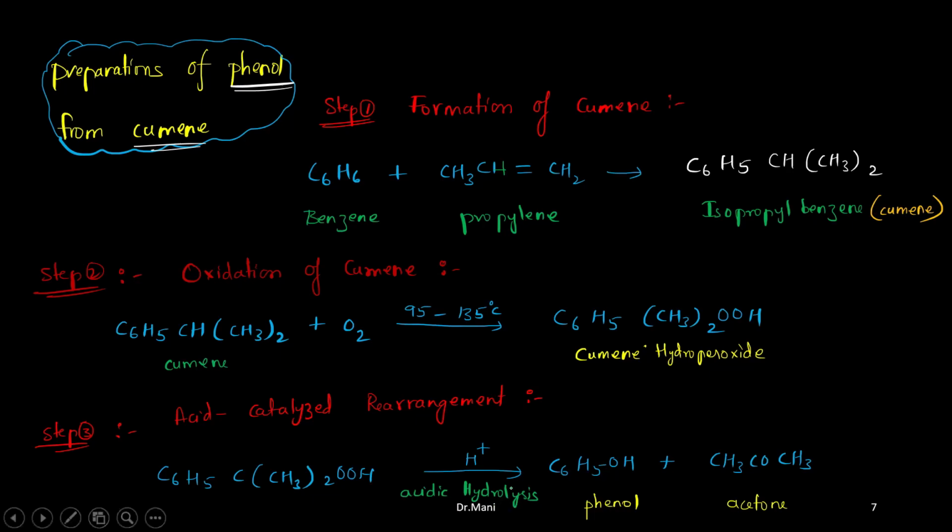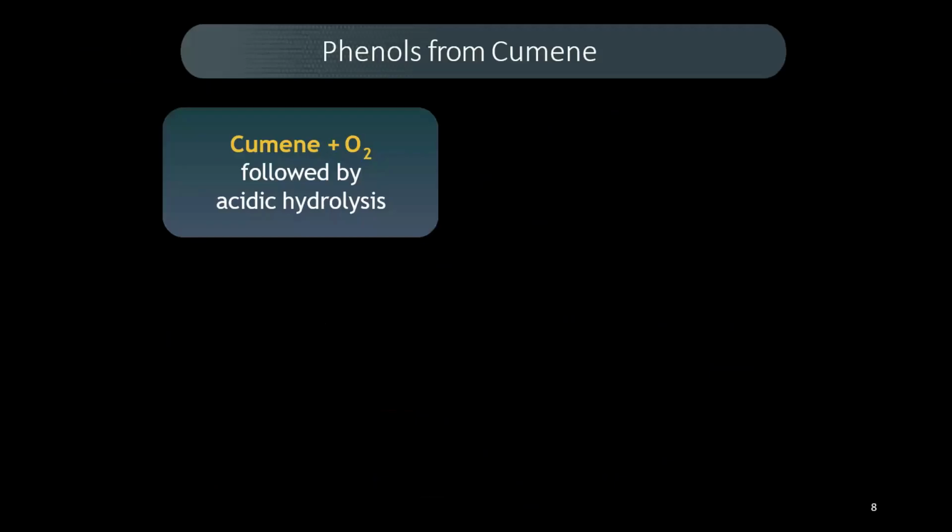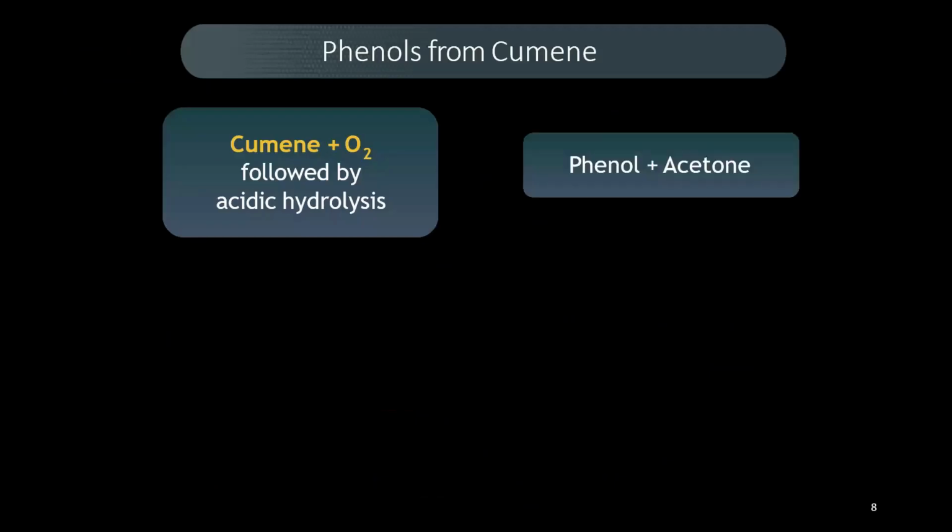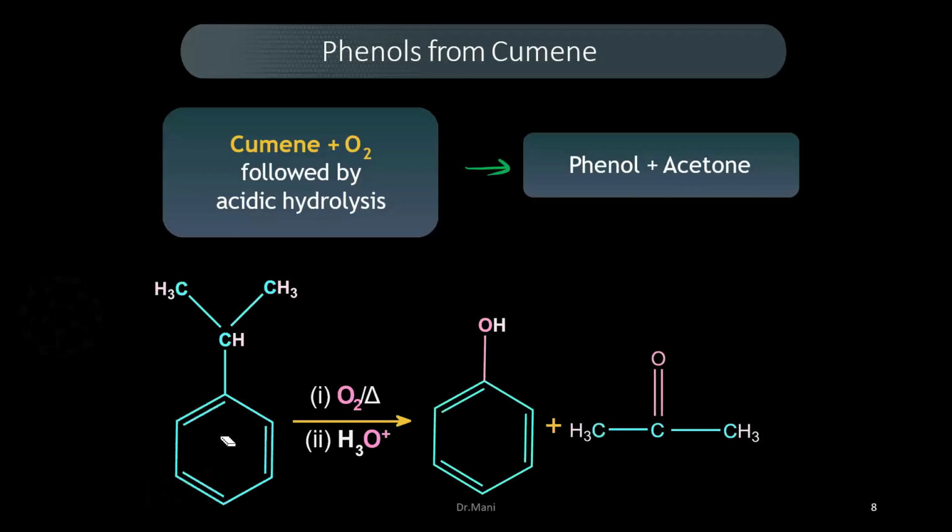So cumene plus oxygen followed by acidic hydrolysis gives phenol and acetone at the end. So you see here, tell me what is this? Is it cumene or cumene hydroperoxide?